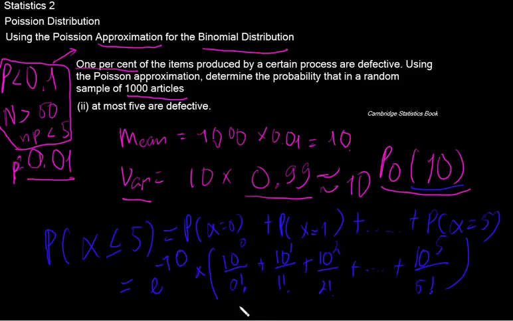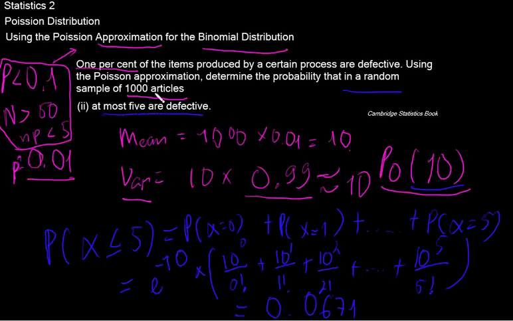And this gets you equal to 0.0671. So 0.0671 is the probability that in a random sample of 1000 articles, at most 5 are defective.